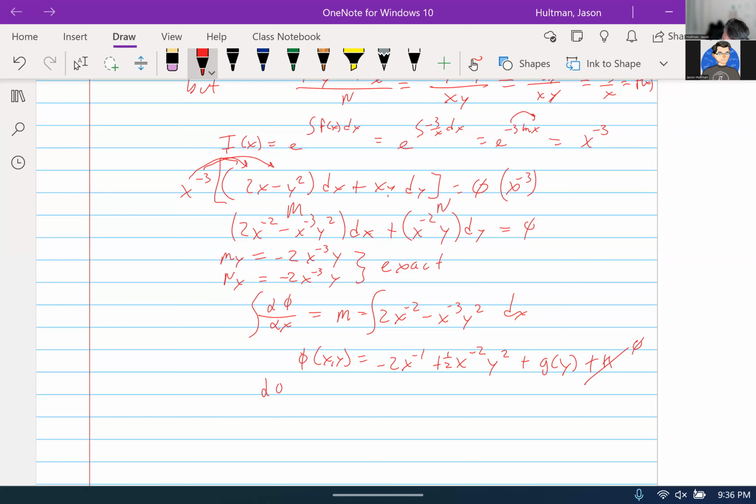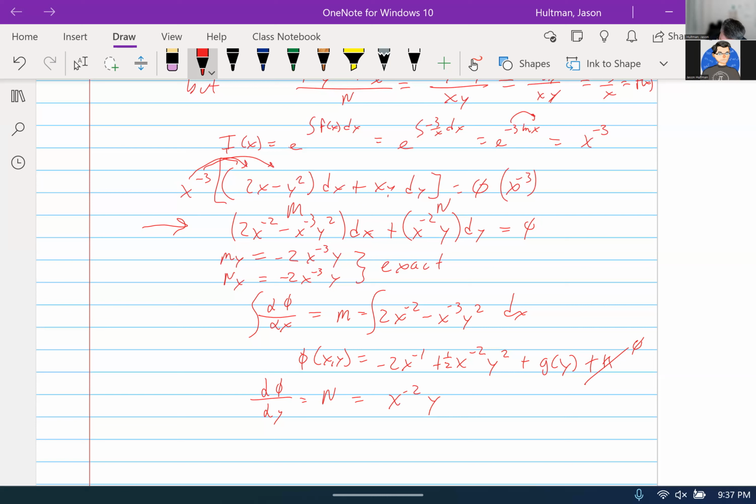Now, partial phi partial y was N, and N in this case, for this new exact equation that we created, was equal to x to the negative 2 y.